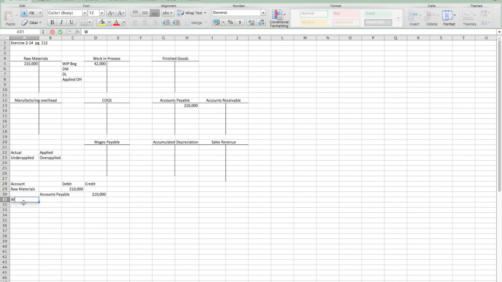So we'll say work in process, that's our direct materials. That will be a debit of 178,000. And indirect materials, or manufacturing overhead, indirect materials will be 12,000.